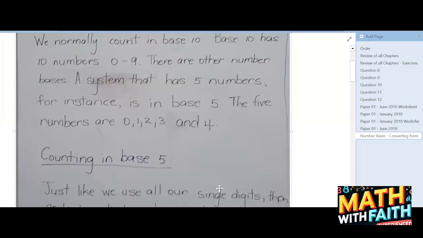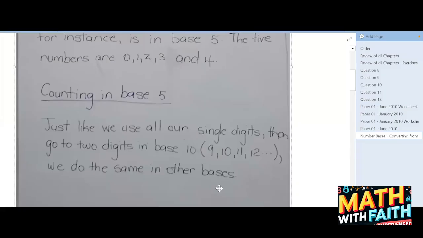So let's look at counting in base 5. Just like we use all our single digits in base 10, and then we go to 2 digits. After we used up all our single digits, 0, 1, 2, 3, 4, 5, 6, 7, 8, 9, then we have to go to 2 digits.